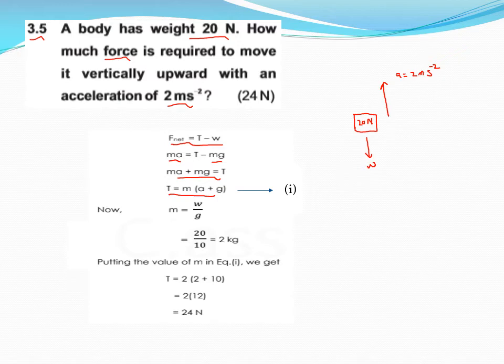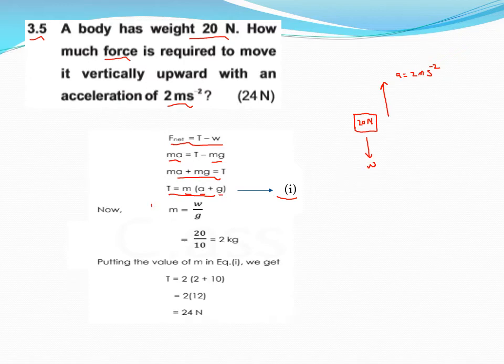This equation number 1 demands that we should have m, a and g. g is 10 meter per square second, a is given as 2 meter per square second, and m is yet to be found.